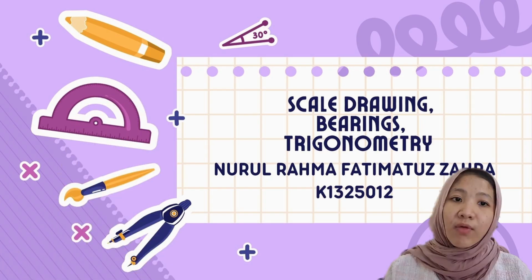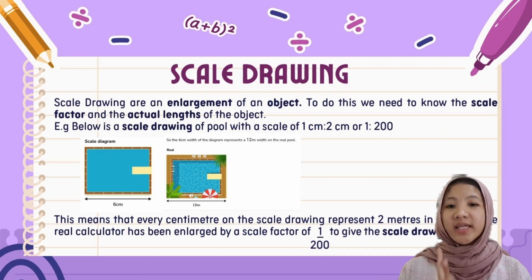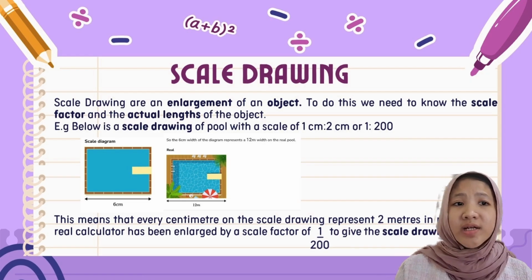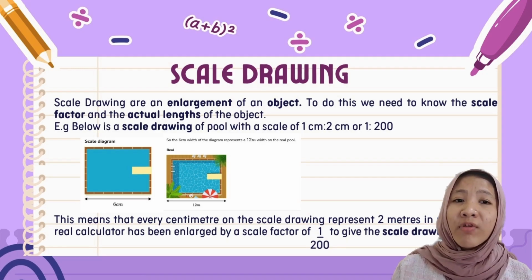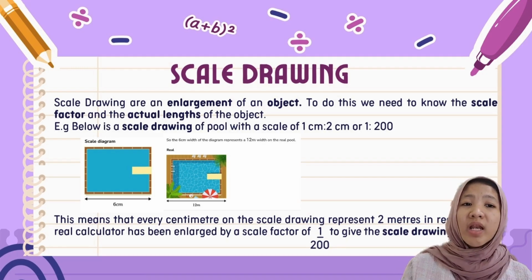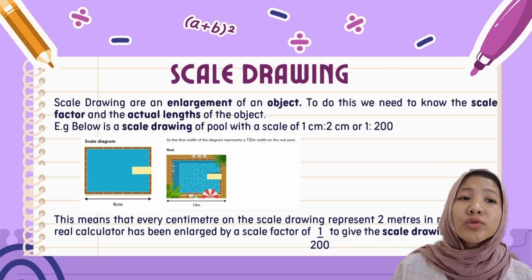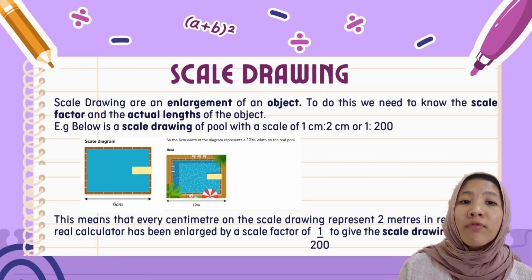Let's begin with our first topic, scale drawing. A scale drawing is essentially an enlargement or a reduction of a real-life object. To create one, we must understand two key elements: the actual length of the object and the scale factor.